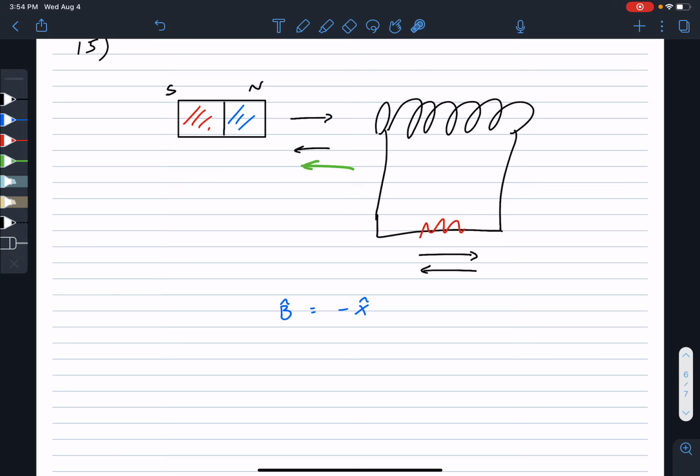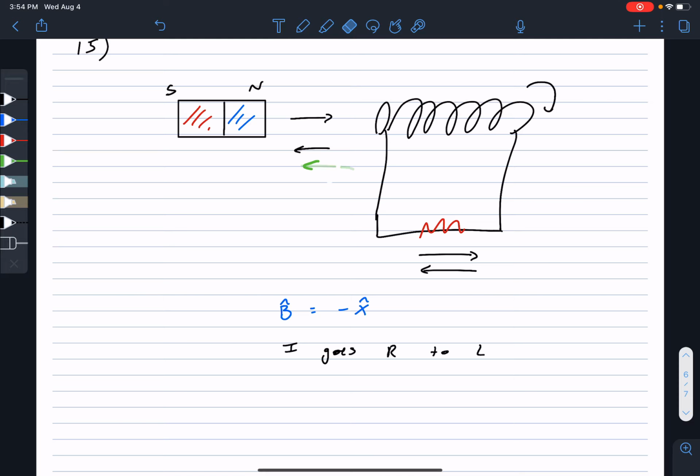And if we use our right hand rule, that means that the current is going to be coiling around this way through the coil. It's kind of hard to see that way, but it's going to be coiling this direction through the coil. So what that means is that this is actually going to be going from right to left. So the current goes right to left when we push the magnet towards the coil.